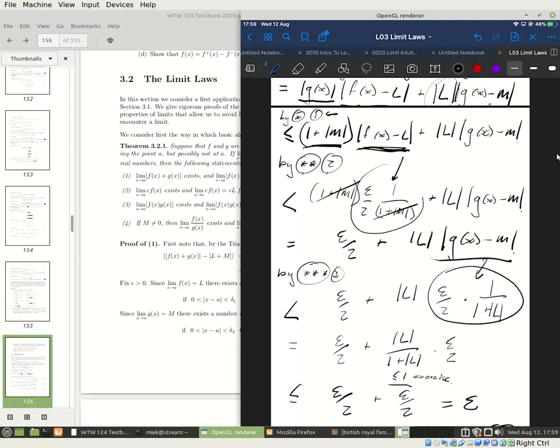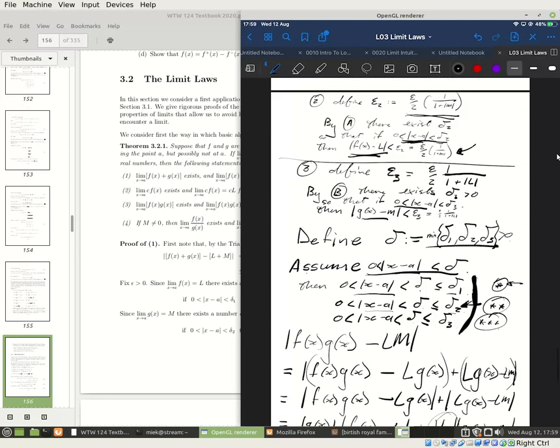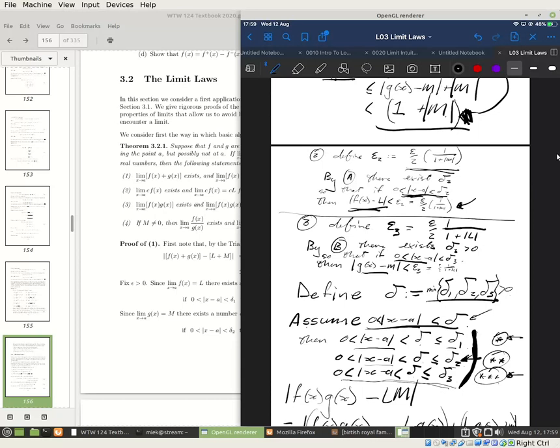And then finally, over here, by triple star: from this assumption, we automatically get this assumption, or that this is true. And since this is true by 3, over here, we get that this expression is less than epsilon 3, which is defined as that.